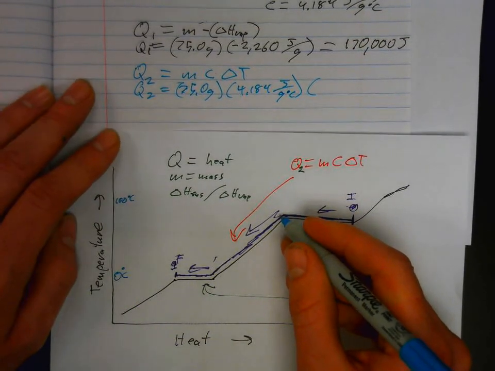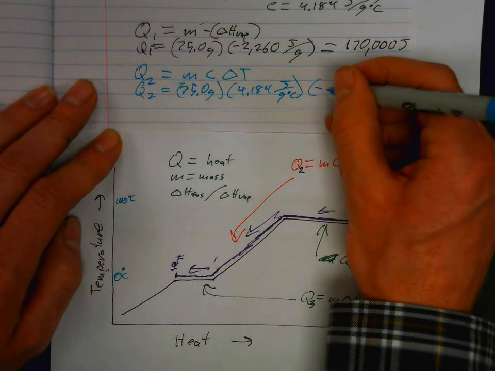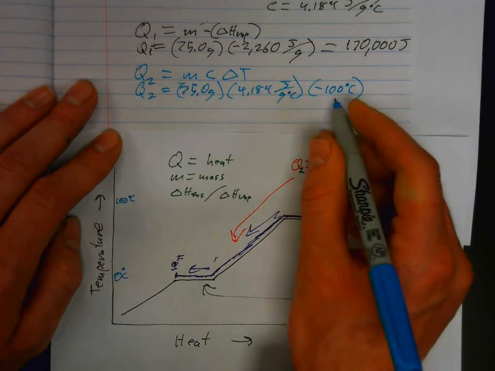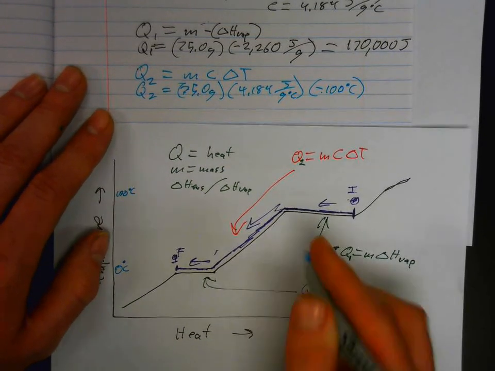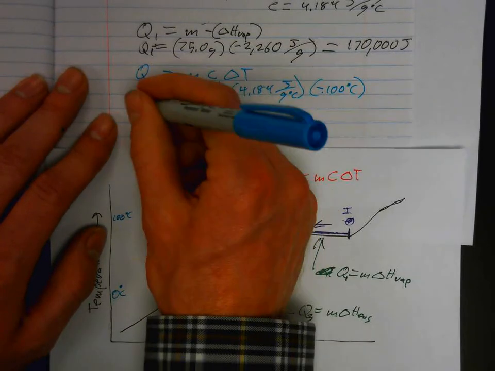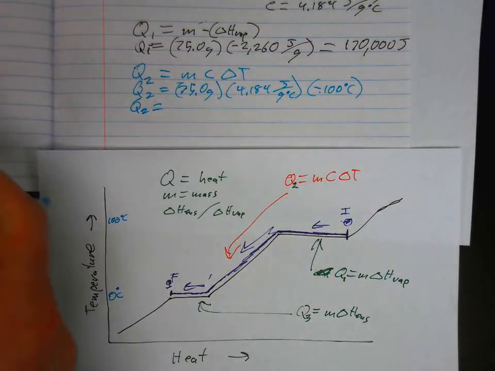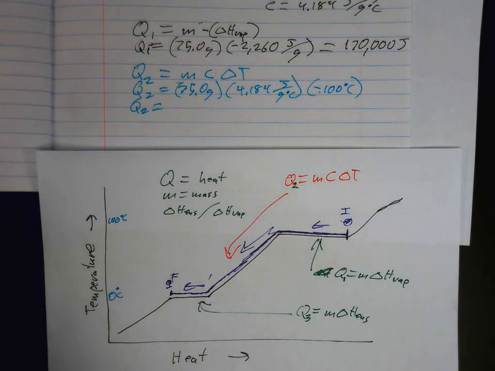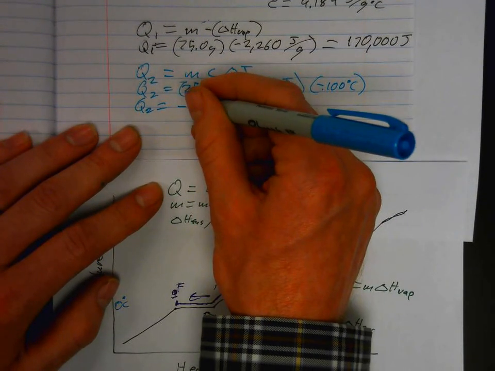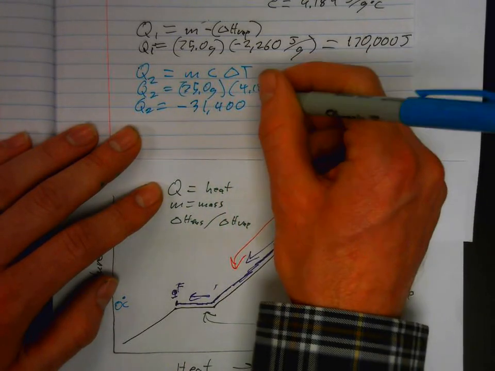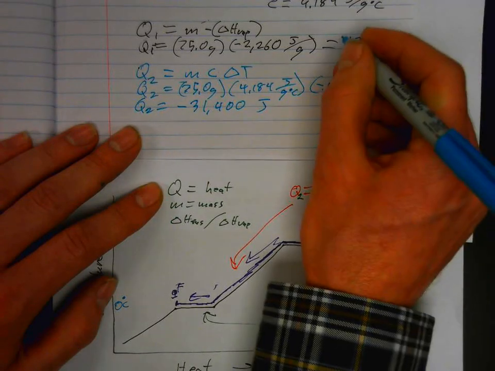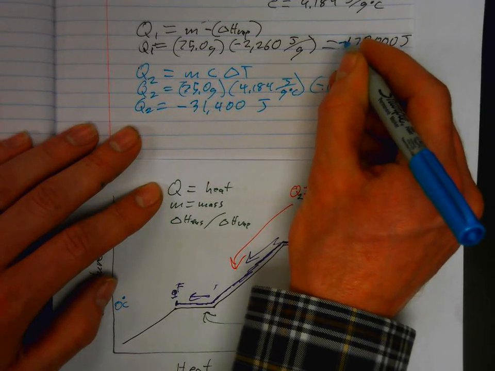It's going from positive 100 to 0, which is negative 100 degrees Celsius change. So the change again is a negative because the temperature's going down. All right, so we solve for Q2 now. And so that's going to give us negative 31,400 joules. You know, and I forgot to put the negative sign on this number right here. That one should be a negative as well.